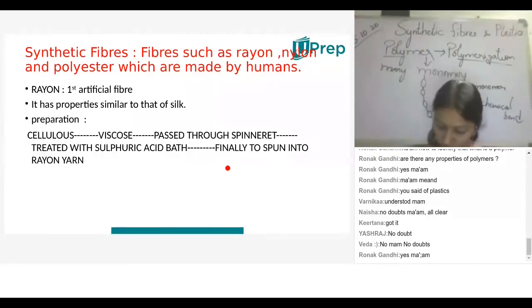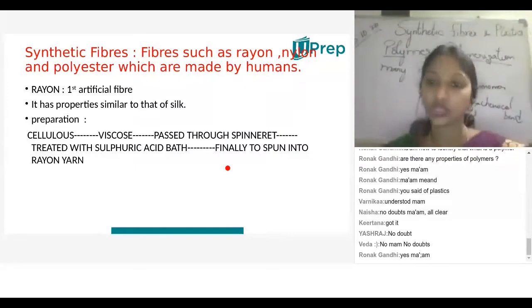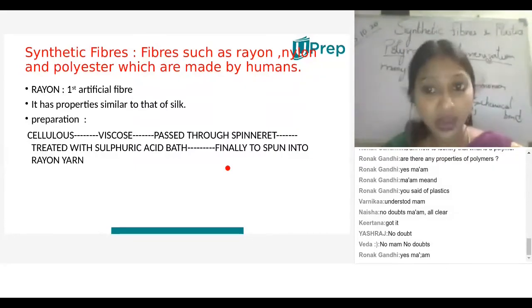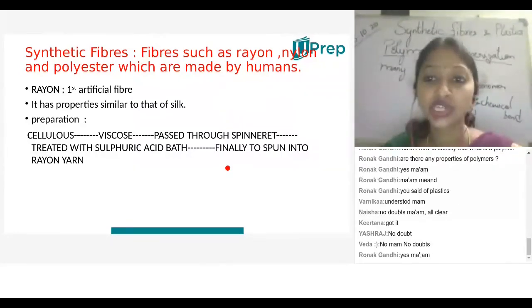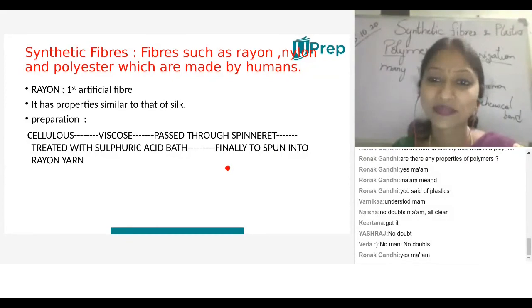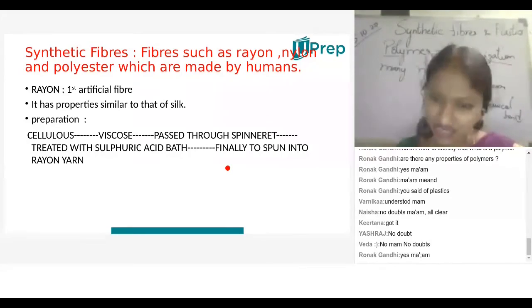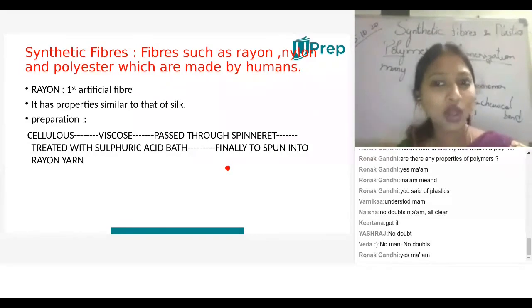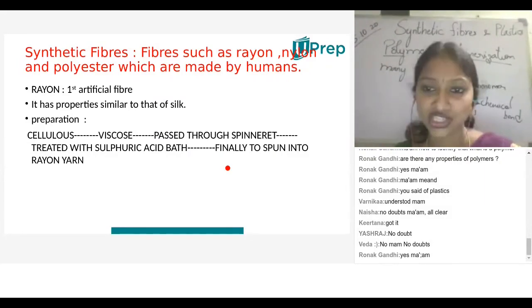Why I'm comparing things with gadgets is that nowadays we are very close to technology. In this pandemic situation, all the teachers and parents used to say not to use any gadgets.